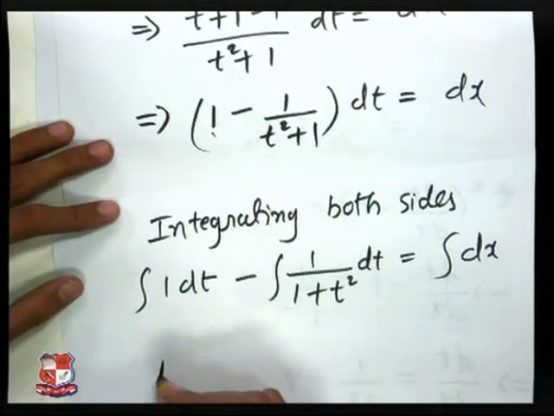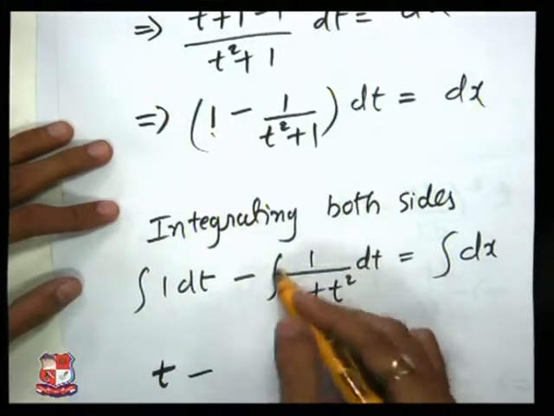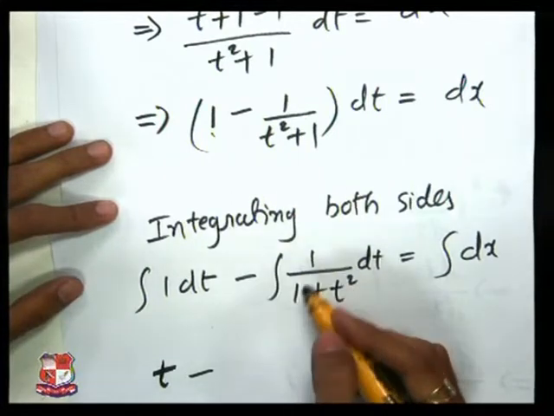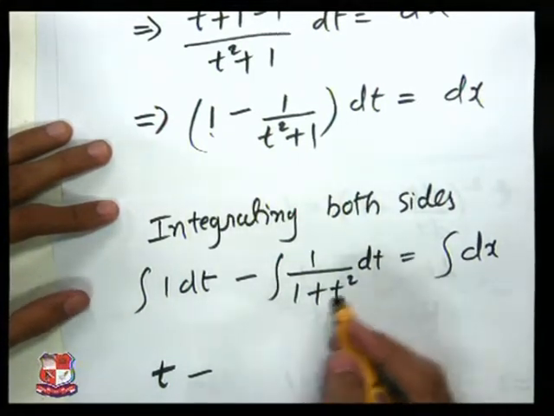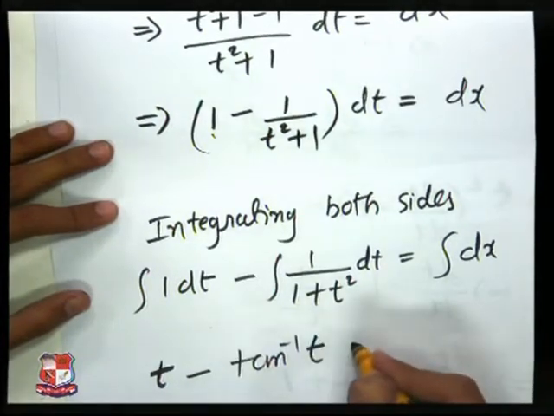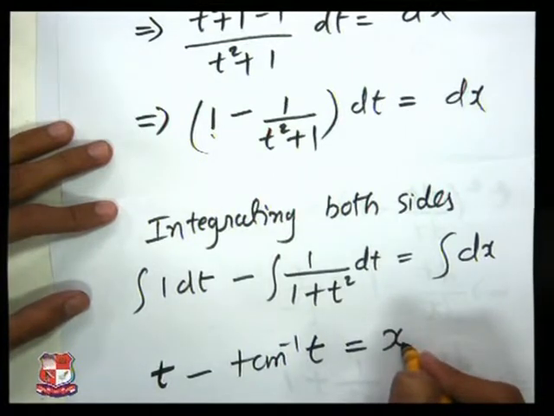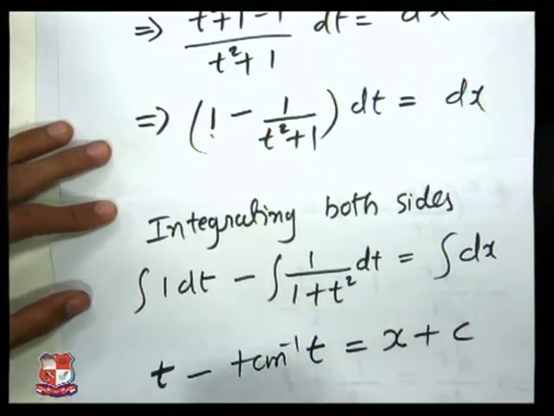So the integration of 1 is t, minus the formula for the integration of 1 upon 1 plus t square, that is tan inverse t, is equal to the integration of dx, that is x plus c.